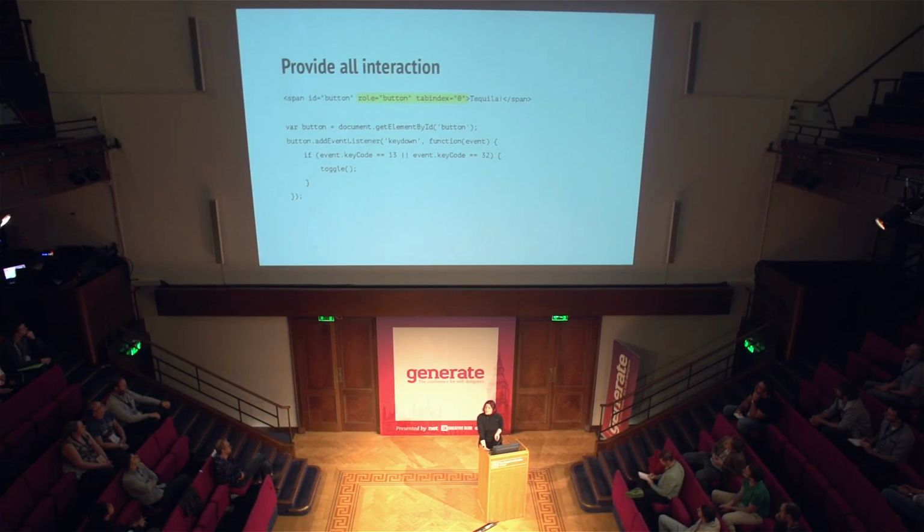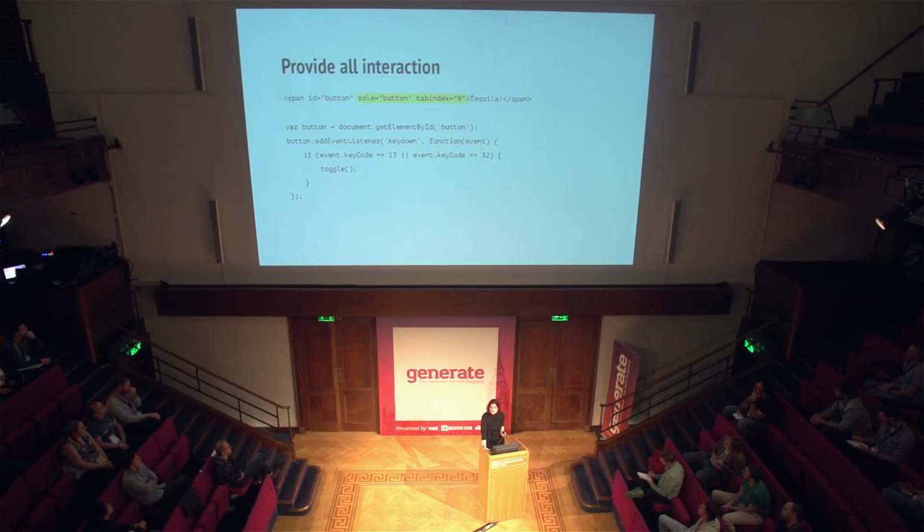Sometimes we need to provide all interaction. If we take our span-based fake button again, this time we have to provide all the interaction because the browser doesn't do it for us at all. So again, we listen out for the key codes, this time for both space and enter, and if either of them are detected, we go ahead and perform whatever function the button is intended to do.